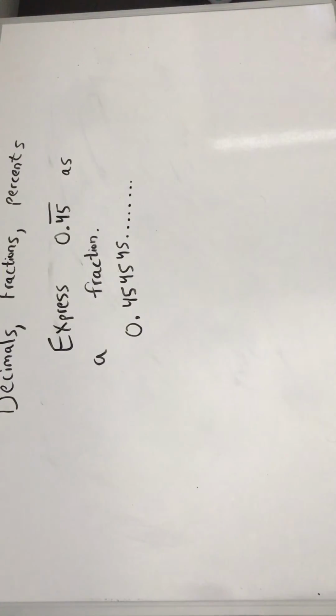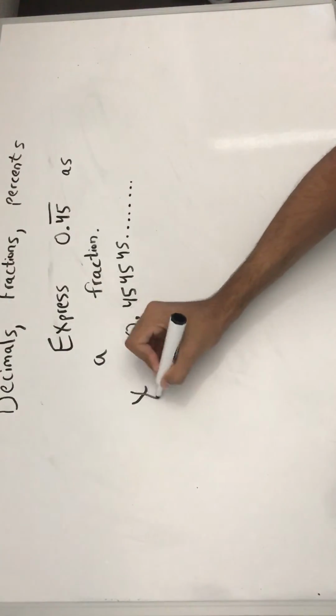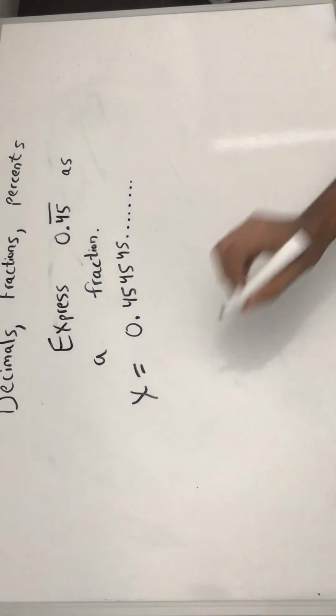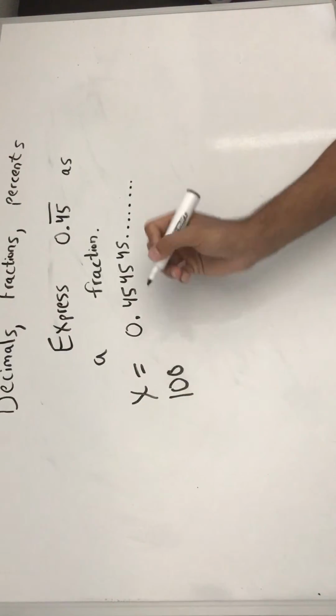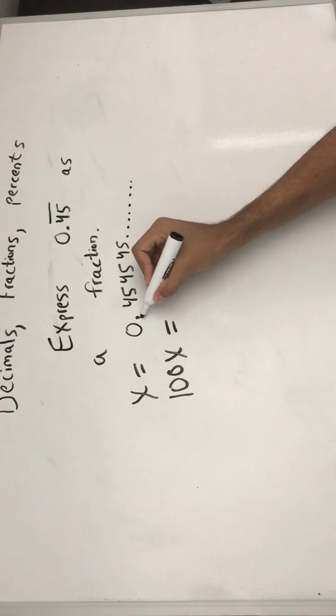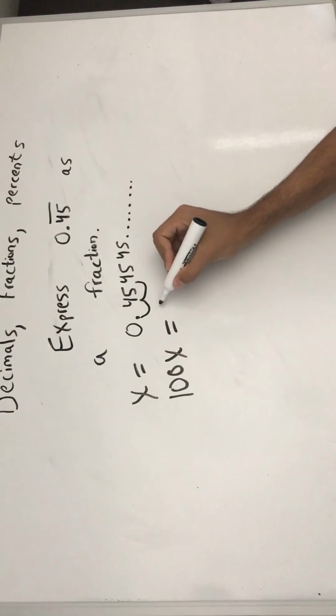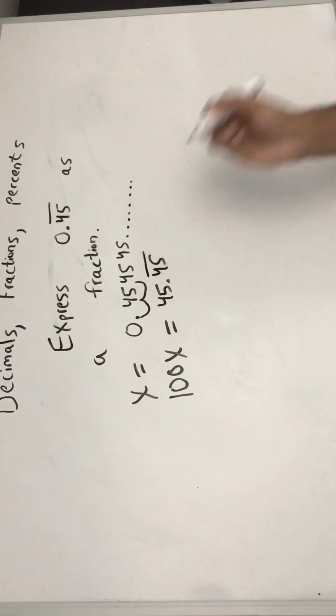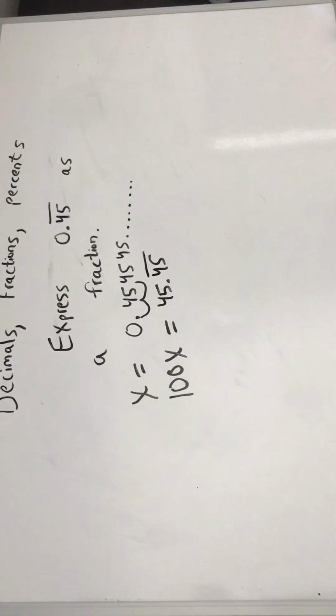Now, if we say that x is this value, then we know what 100x is, right? It would just be moving the decimal place twice. It will be 45.45 recurring. And so think about it.